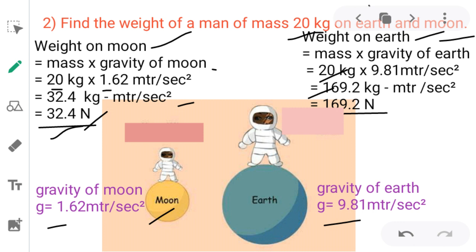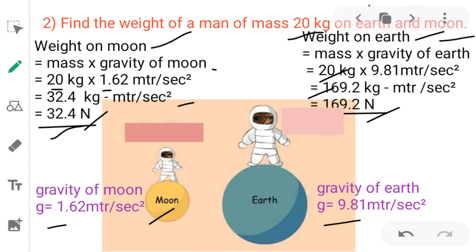Replace kg meter per second square with Newton, hence the weight of man on Earth becomes 196.2 Newton. You may observe the difference: 32.4 Newton on Moon, and for the same man, 196.2 Newton on Earth. That means the weight changes from place to place but not the mass.